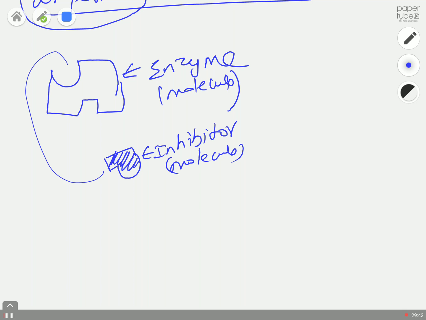So they will go and bind to this pocket. Whenever you are talking about enzymes, just imagine everything is about pockets. Scientifically we call them van der Waals pockets. So this inhibitor will go and sit in this pocket, forming an enzyme inhibitor complex.